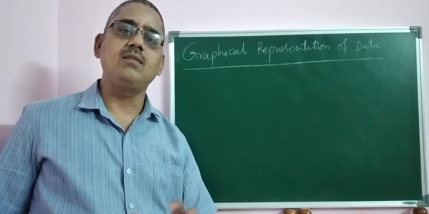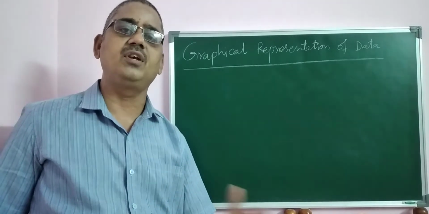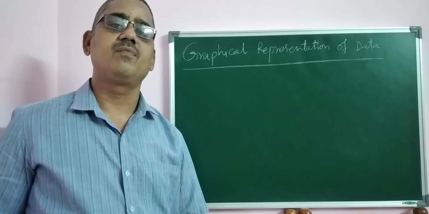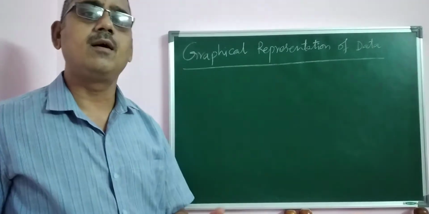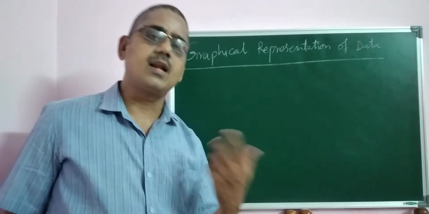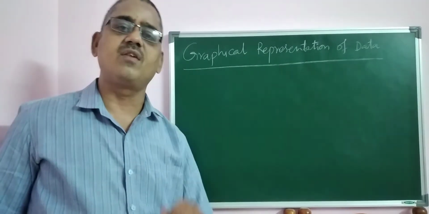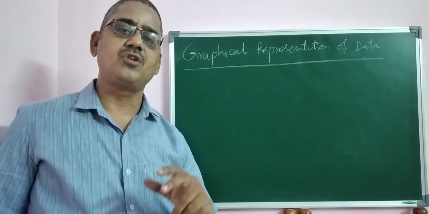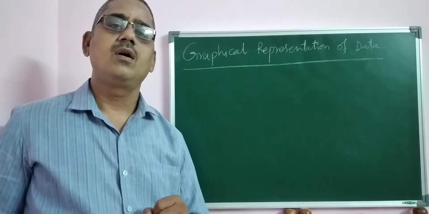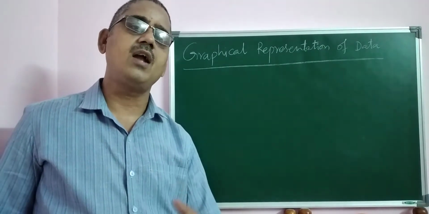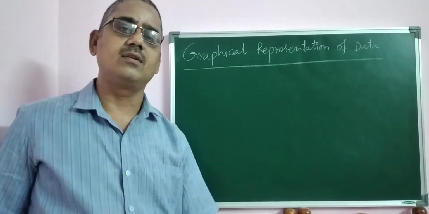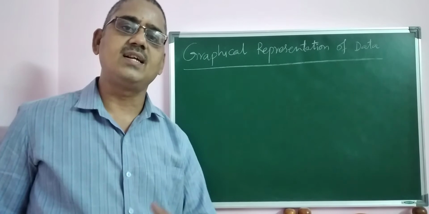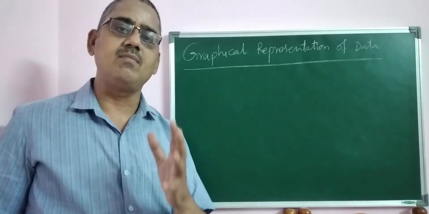So these can all be analyzed with the help of a histogram or a frequency polygon. And then the ogive curve is another kind of representation for grouped frequency distribution. From the ogive curve, statistical averages like the median, percentiles, deciles, etc., can be calculated.